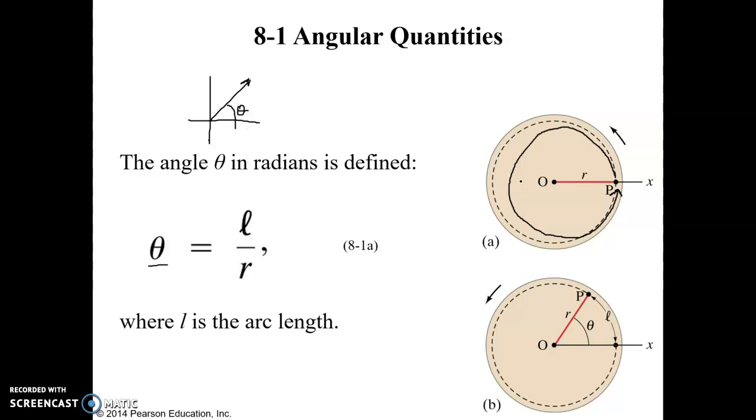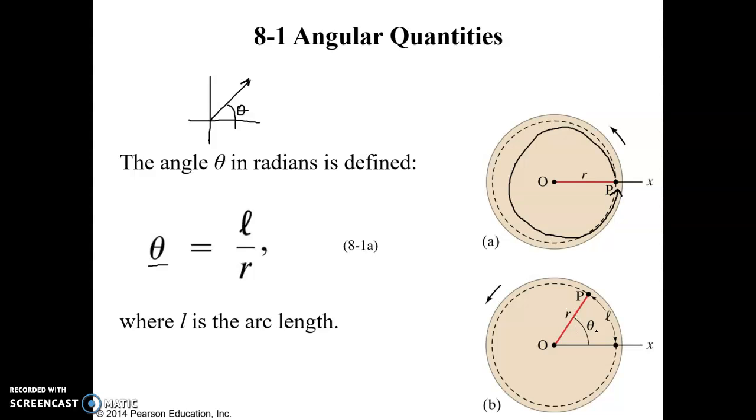And in this case, theta is just the amount, measured in radians, that the object has rotated. So it's used to describe how much rotation is occurring with our rotational motion.